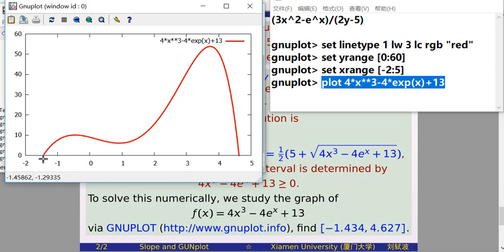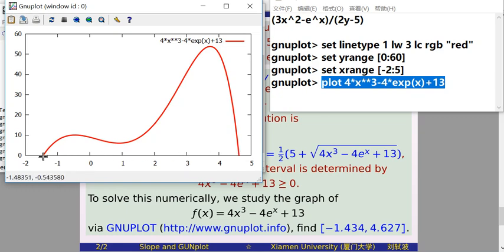So here we see that the x coordinate of the intersection of the red curve with the lower boundary, which is the x-axis, is -1.446, something. And the coordinate of the other intersection is 4.63970.